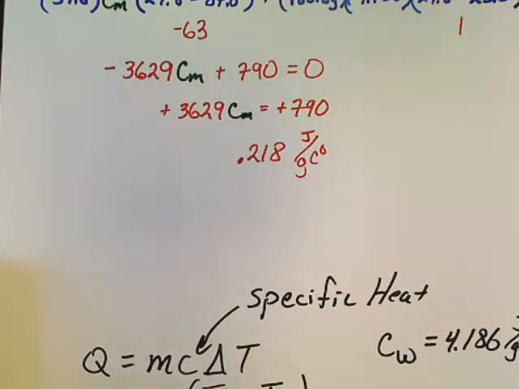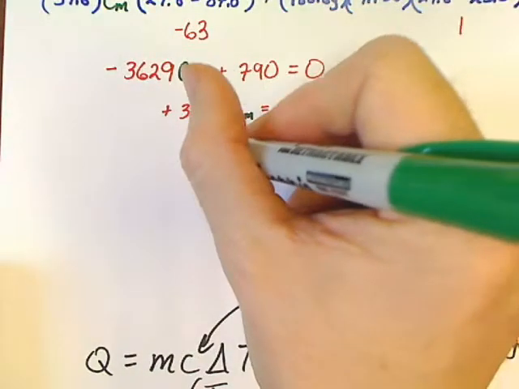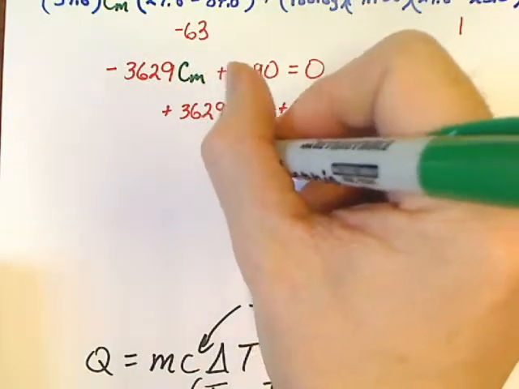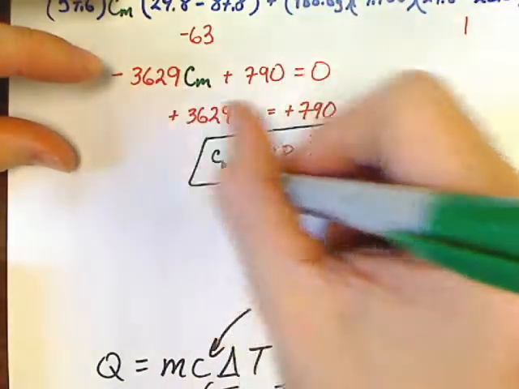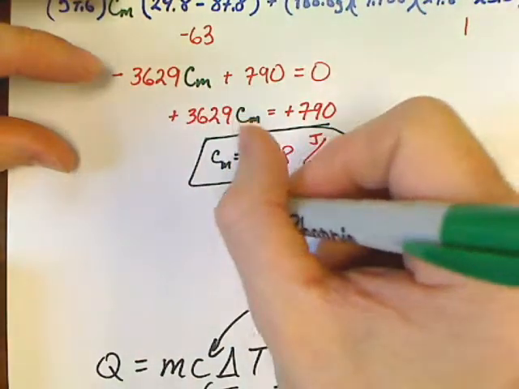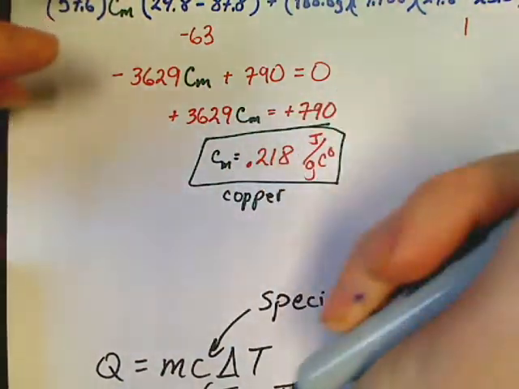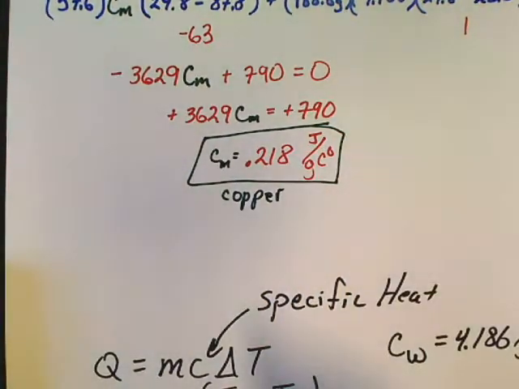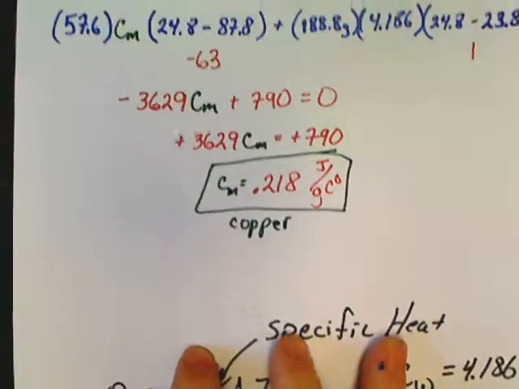So I'm going to make sure and write my unit. So C for my metal equals, and for me this one was copper. Well, that's terrible lab results, because C for copper is not 0.218. But oh well, I've done all my calculations right.